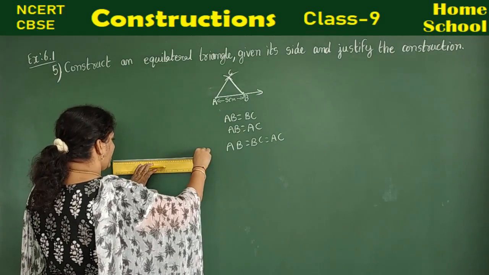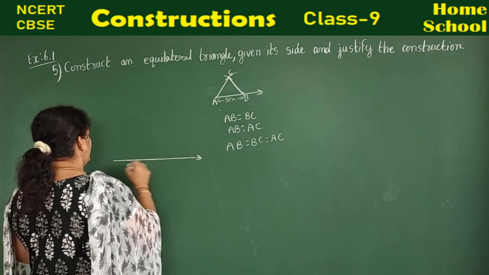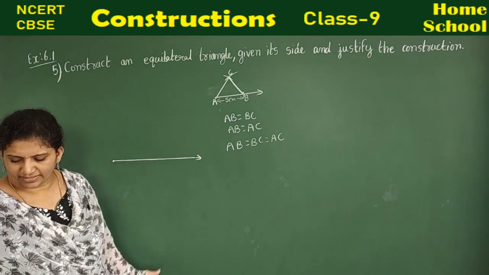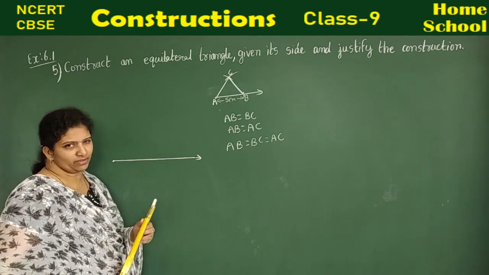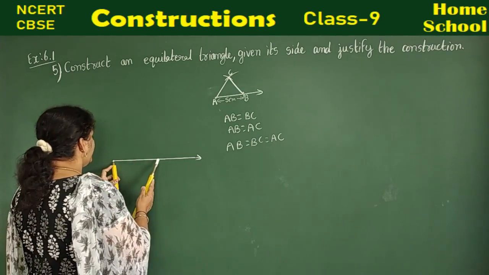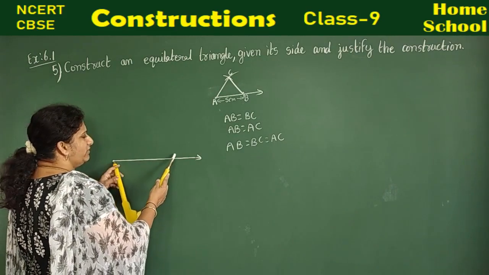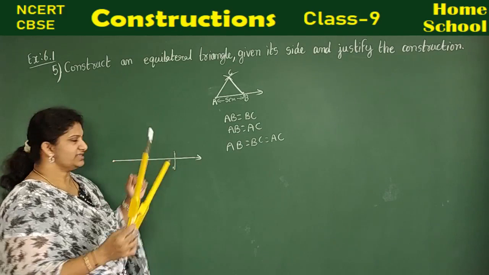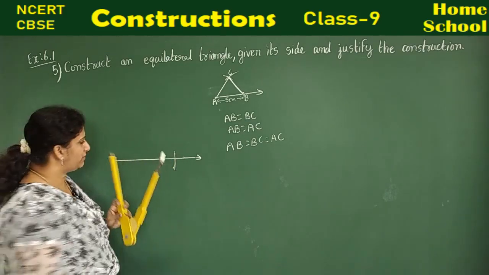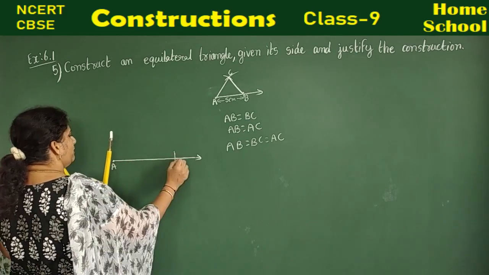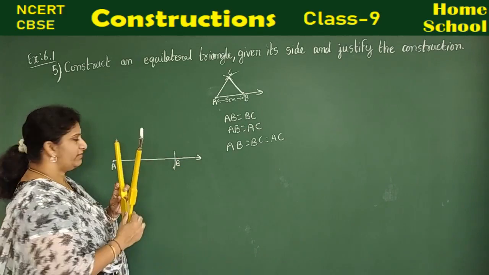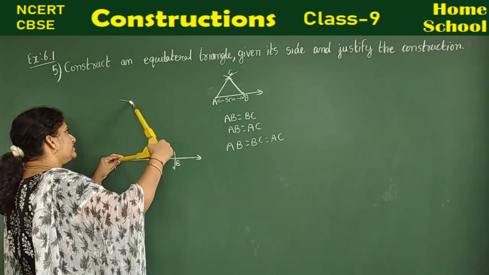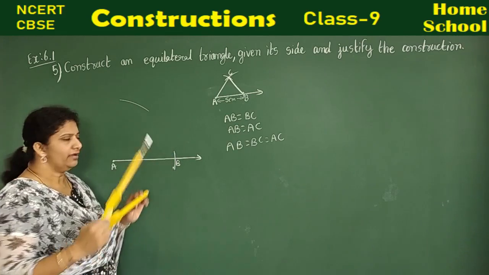Now we have to do the original construction here. Let me draw a ray. Okay. So with this ruler, if I take 4, it will be very small. So better you take 4 or 5. Let me imagine this is 5 centimeters. This is 5 centimeters. And mark the points A, B. Now with A as center, same measurement, I just go on drawing an arc.